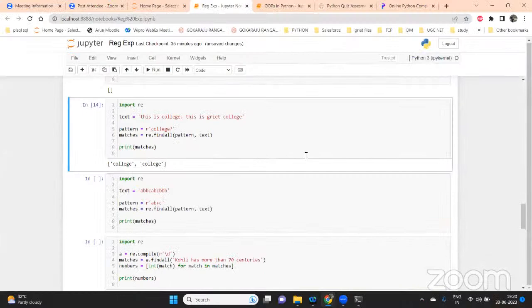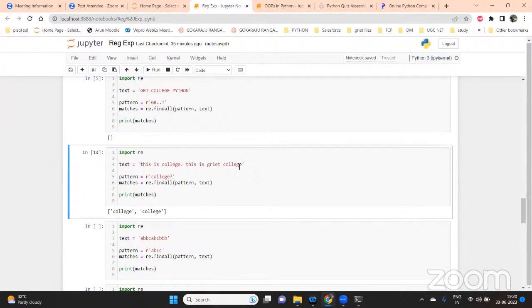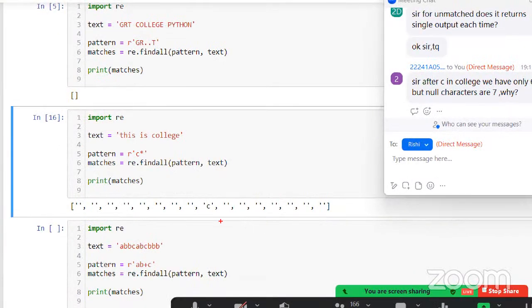So what is your question? After C in college, we have only 6, but null characters are 7. Where, ma'am? Are you talking about this? You can count this one. I think you are talking about this, right?